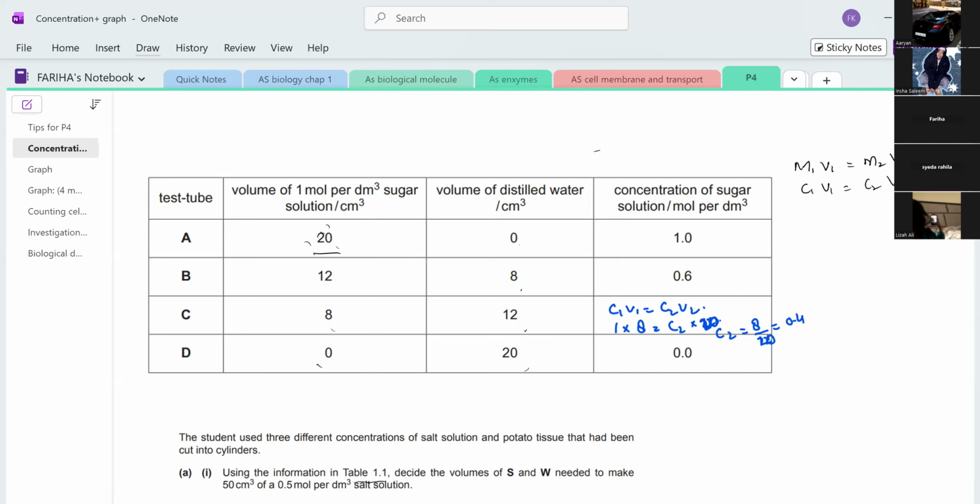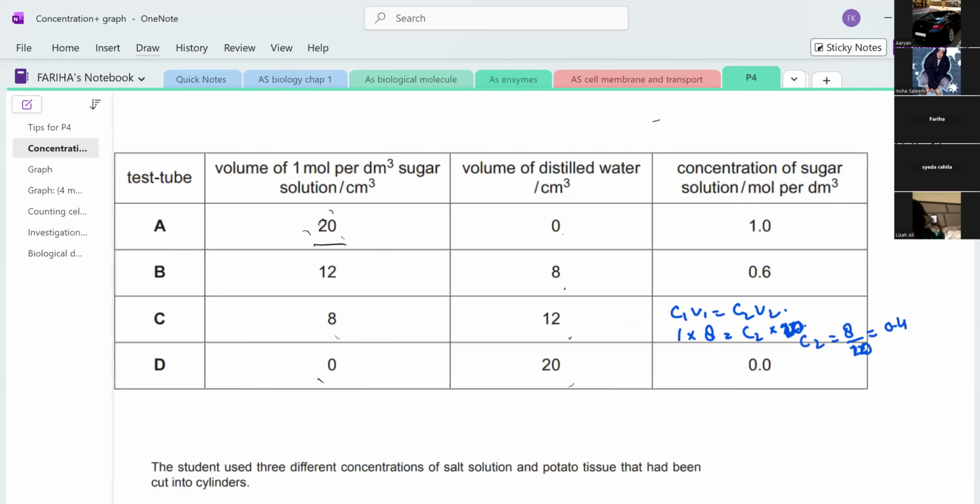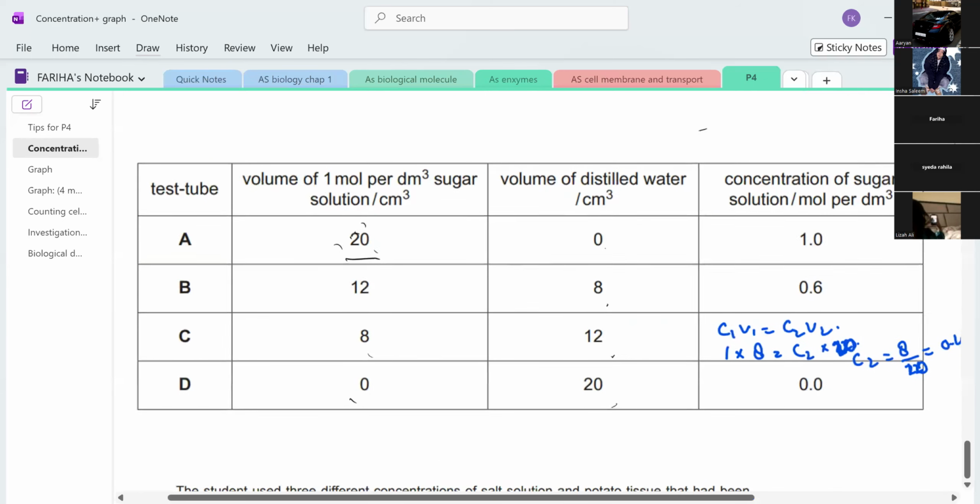So now where is the concentration? Where is the stock solution concentration in this table? Yes, the first column, the volume, in the mole. So what is the concentration of stock solution? 1 mole per decimeter cube.